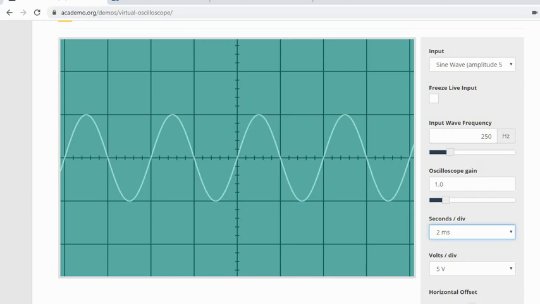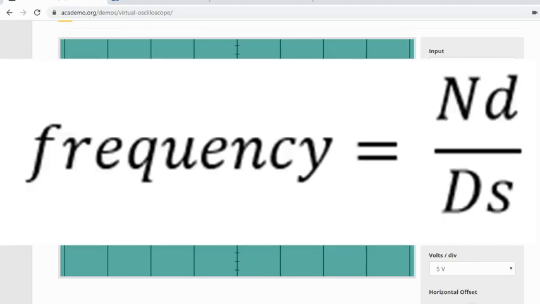Now I have all the information that I need to calculate the frequency of this wave. The frequency of the wave is going to be big N, or the number of waves, times little d, or the distance across a single square, divided by big D, which is the distance I measured from one crest to the third crest.